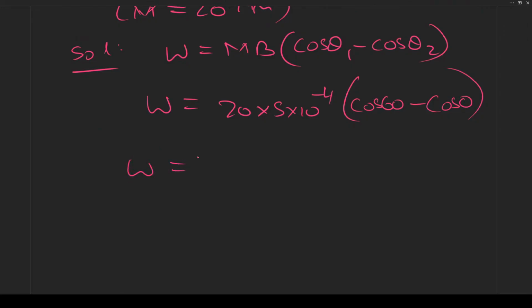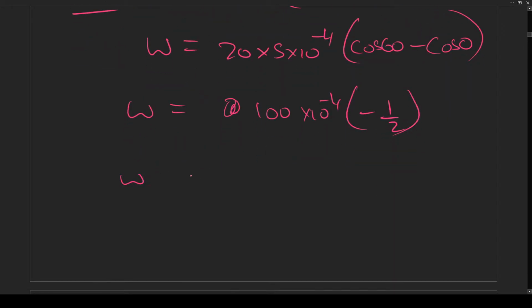So work done equals 100 into 10 power minus 4 into minus 1 by 2. So work done is basically equal to minus 5 into 10 power minus 3 joule.